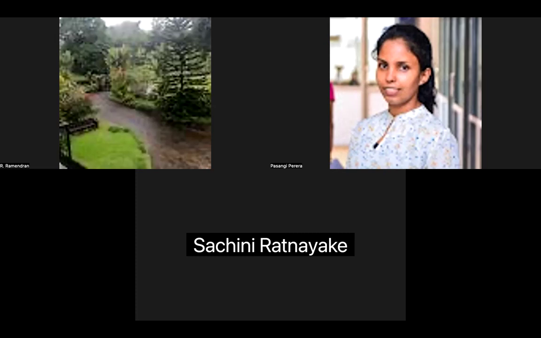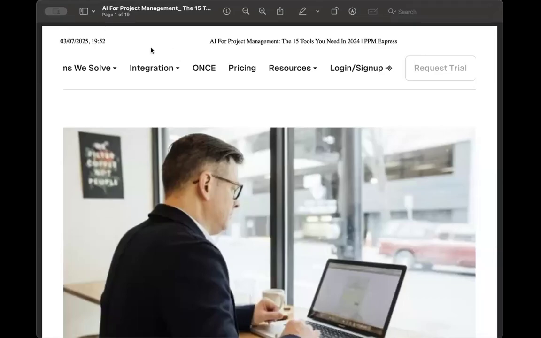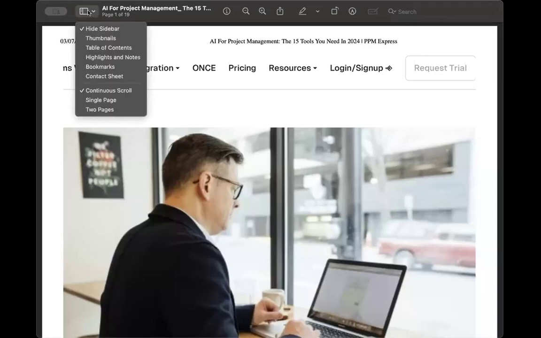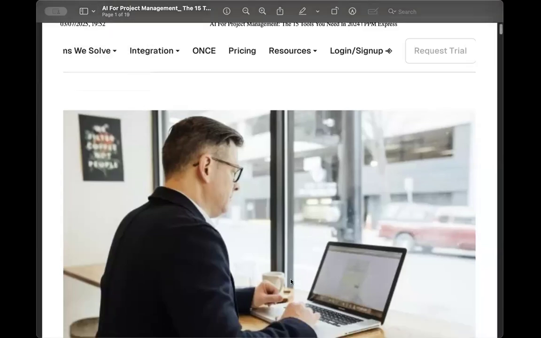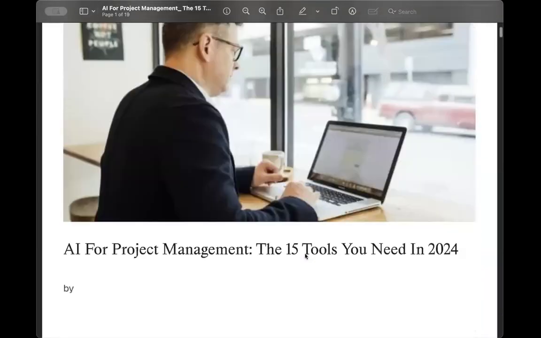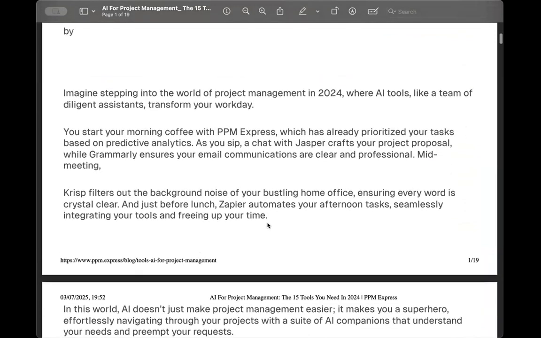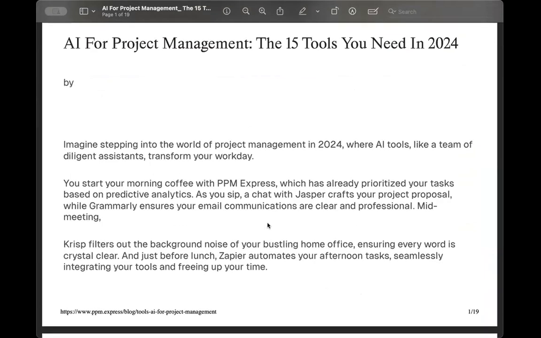Now you can see, I hope you can see the screen. This is taken from PPM Express.